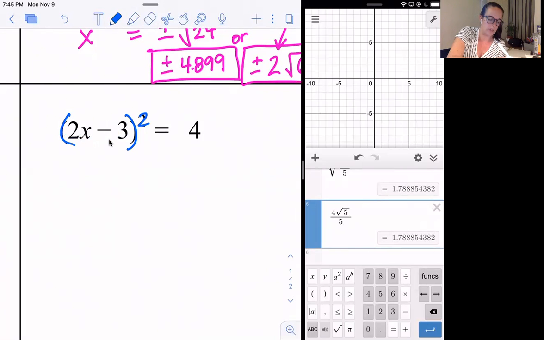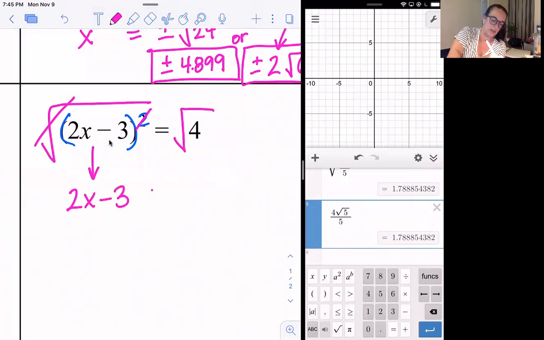So what I'm going to do in order to get rid of the parentheses is I'm going to take the square root of both sides. That's going to cancel my square root and my square and leave me with 2x minus 3 is equal to the square root of 4, which I know is 2 times 2. So it's going to be positive or negative 2.